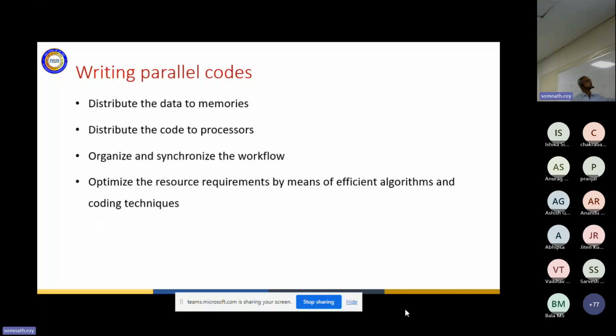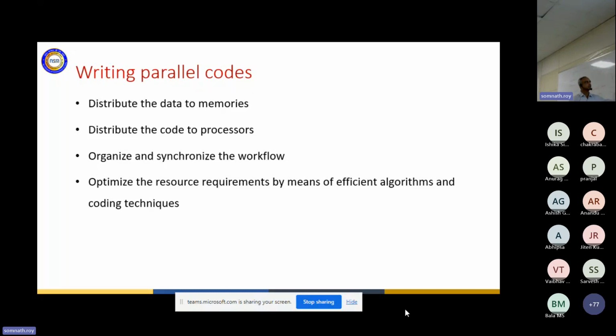Alright. So typically, in the construction of a parallel code, there is one process that starts initially and distributes data to the memories of the respective nodes. It also distributes the respective code to the processors, which may be the same or different. Some processors may be running the same program because you are dividing the data. Some processors may need different code because you are running a different module on them.